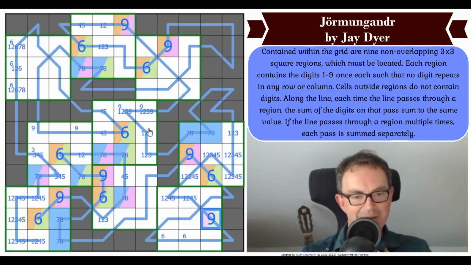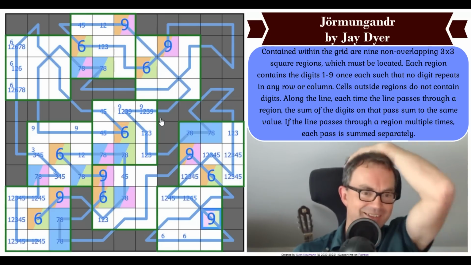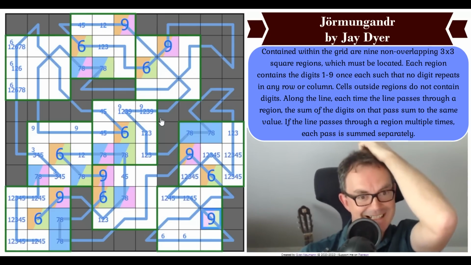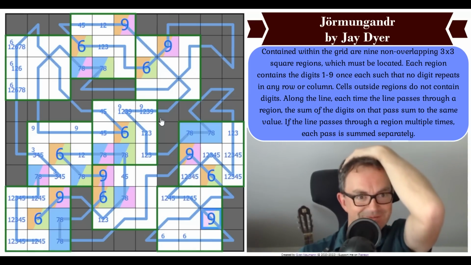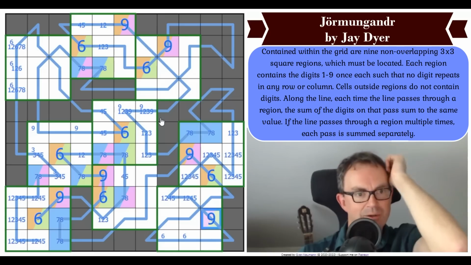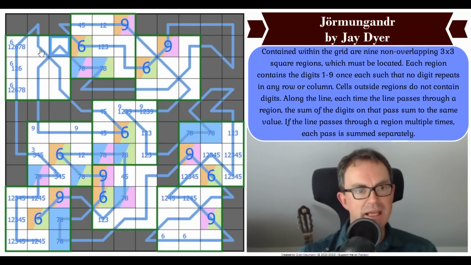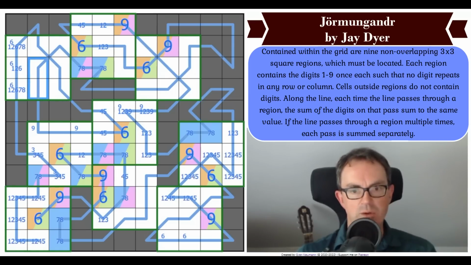Okay, so now... I don't know what to do. Can we argue about... Oh, we can probably get 9 restricted in this box now, I'm seeing, because 9 and 9 go together, locking a 9 onto this one.